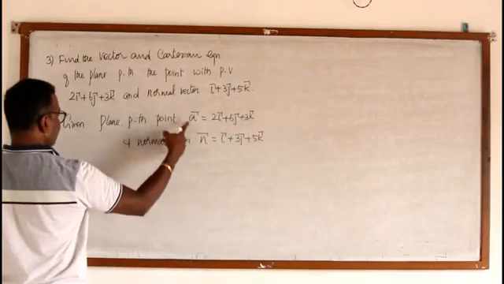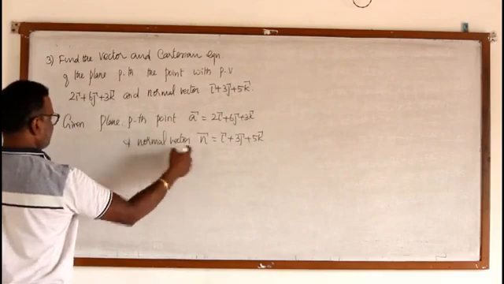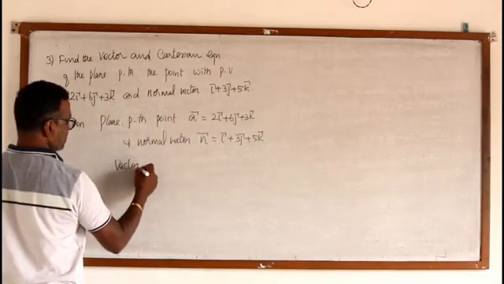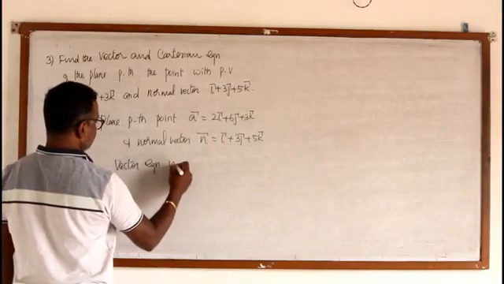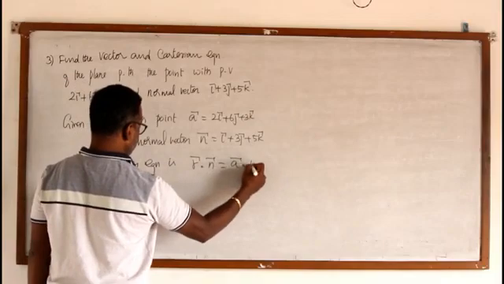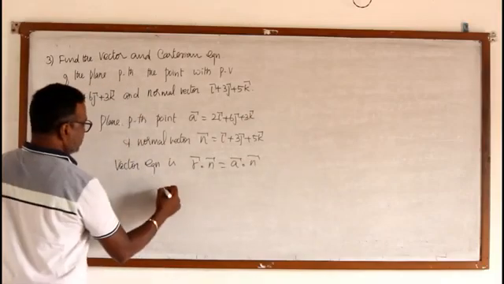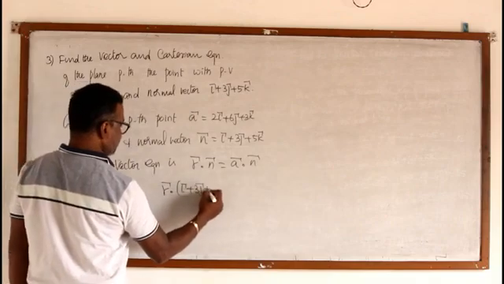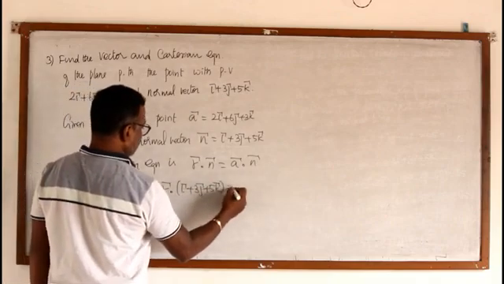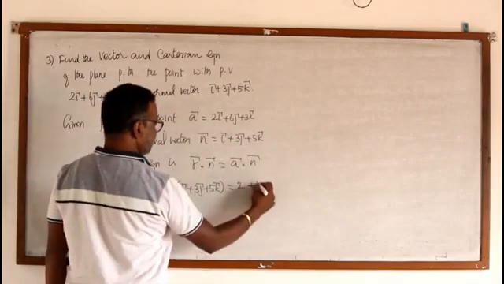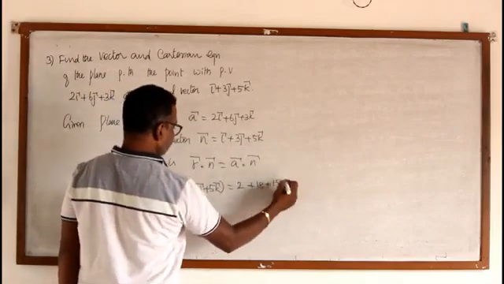Then when one point and normal vector are given, the vector equation of plane is r dot n vector equal to a dot n vector. So it is r dot i plus 3j plus 5k and then a dot n: 2 ones are 2, 6 threes are 18, 3 fives are 15.